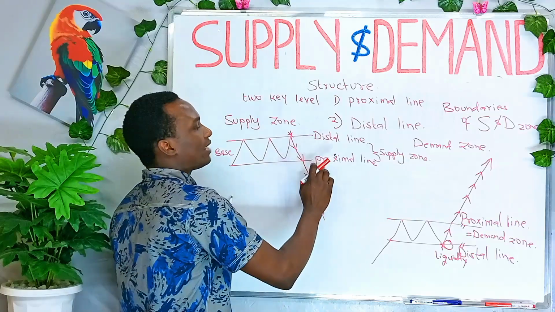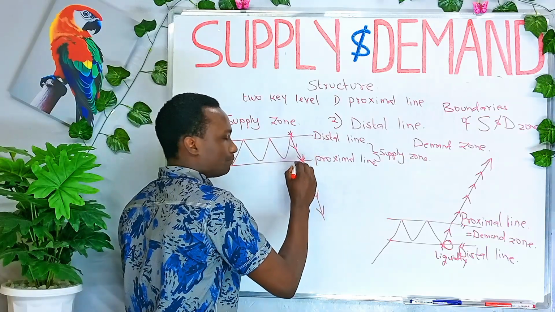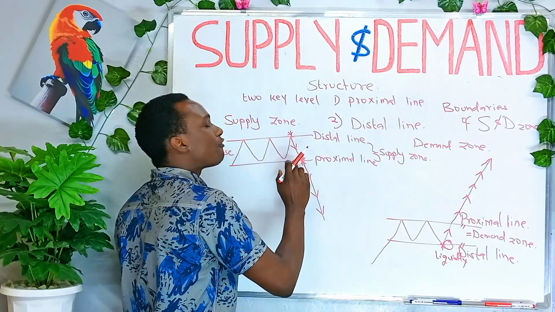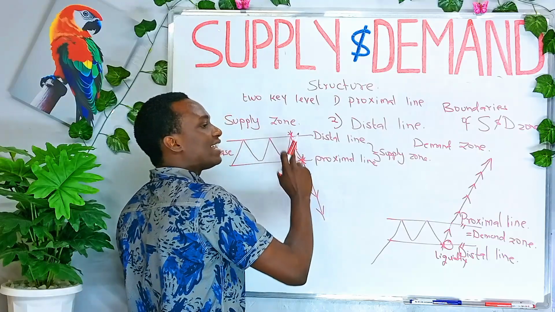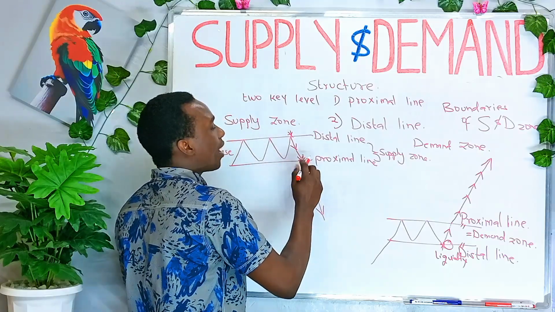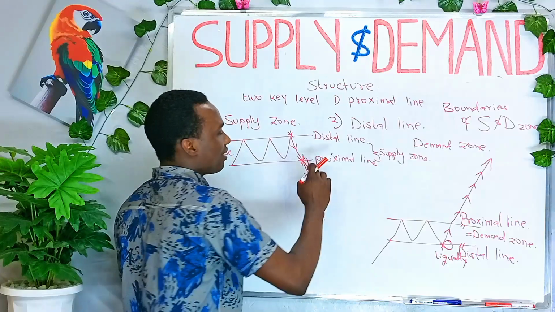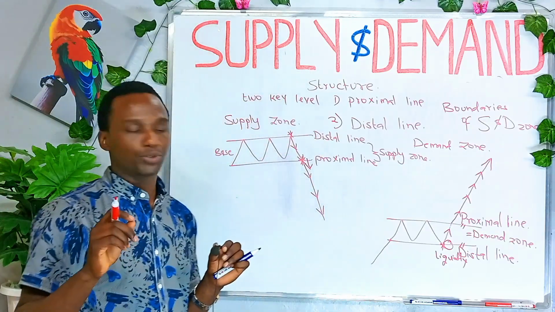While this proximal line is set at the bottom of the body or the wick of that basing structure, identifying the nearest level where the selling pressure overwhelmed the buyers, therefore forming a downtrend.